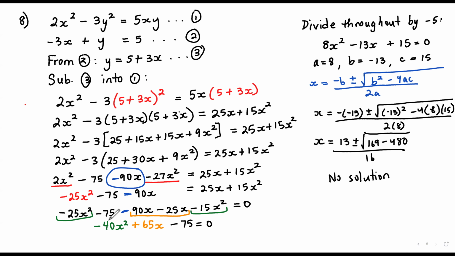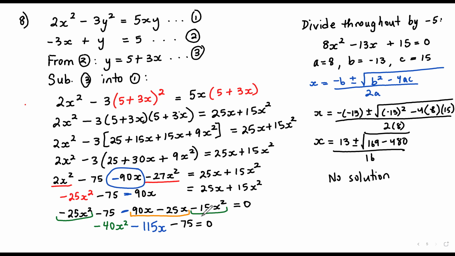But then you would have minus 90 minus 25, which will be minus 115. Here would be minus 115. Wowzers. Minus 75 is equal to 0.